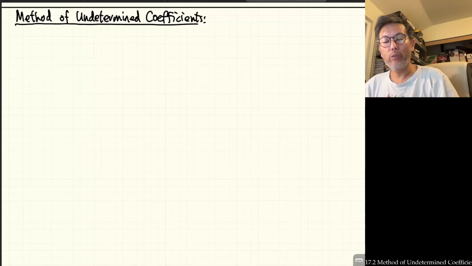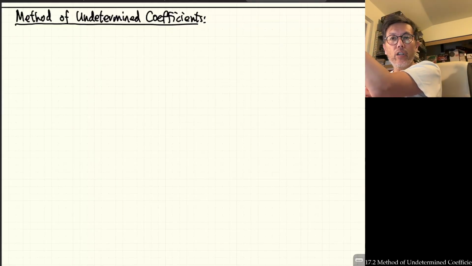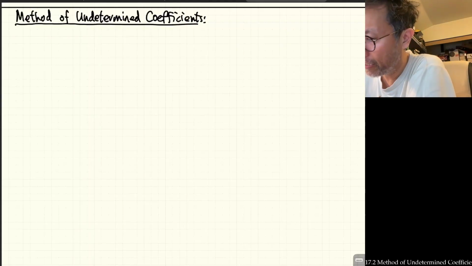So we don't need to worry about how big the solution space is, because we know by the existence and uniqueness theorem already that we just need one solution. And we're going to translate the complementary solution by it. Okay?